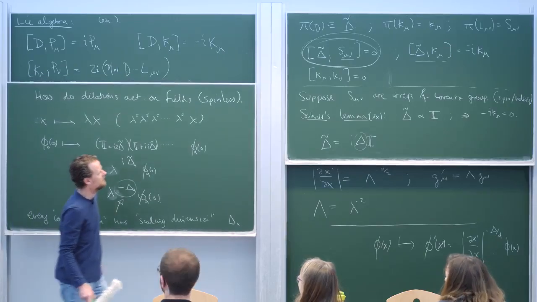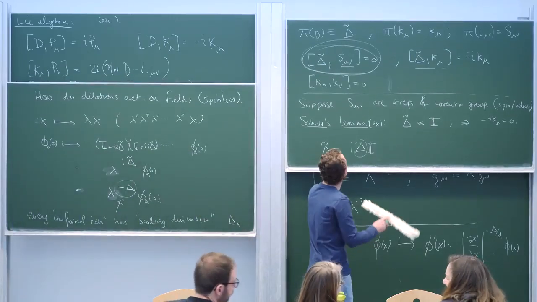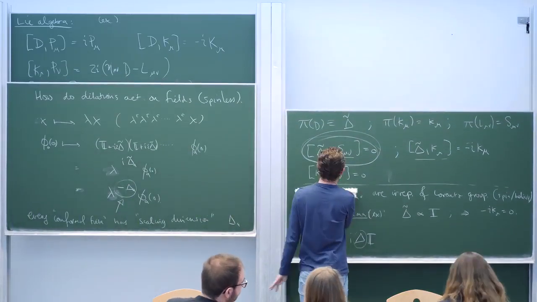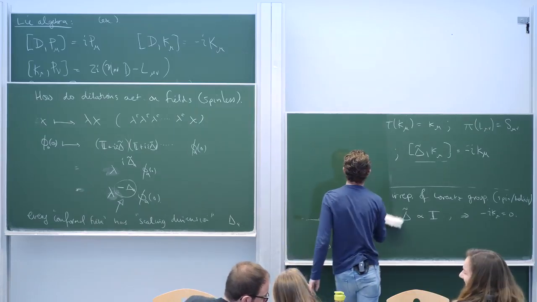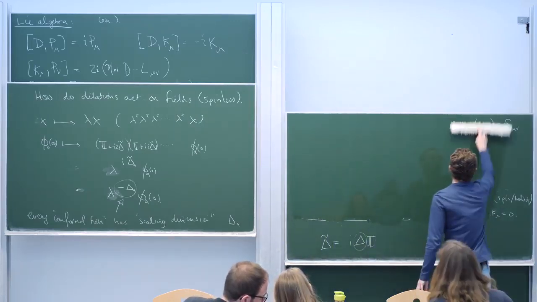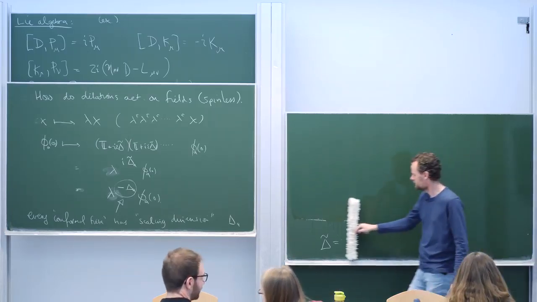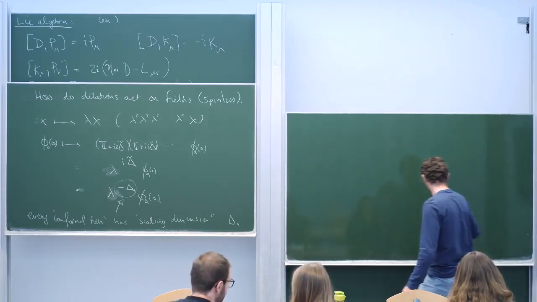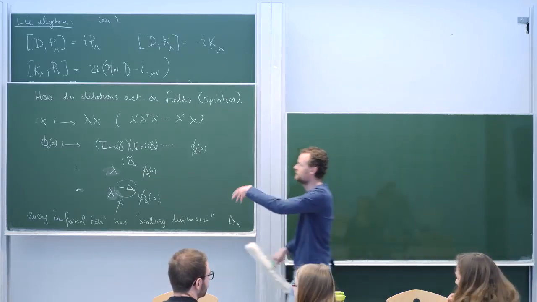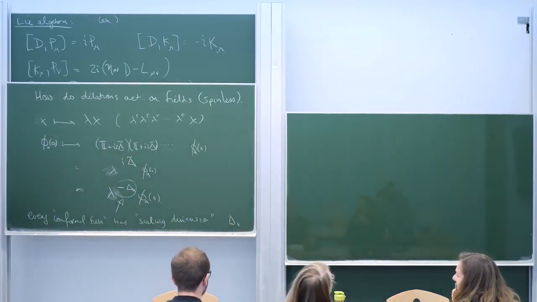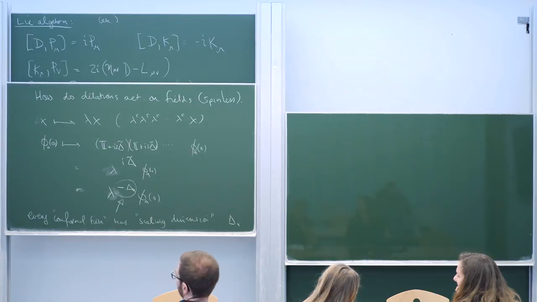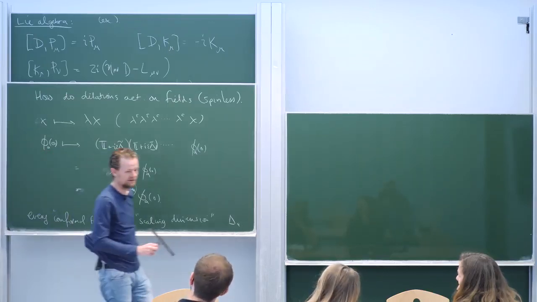Well, hopefully you remember it. So we know how dilations act on the field at the origin. Now we wonder, how do they act everywhere else? Well, the Baker-Campbell-Hausdorff formula tells us.